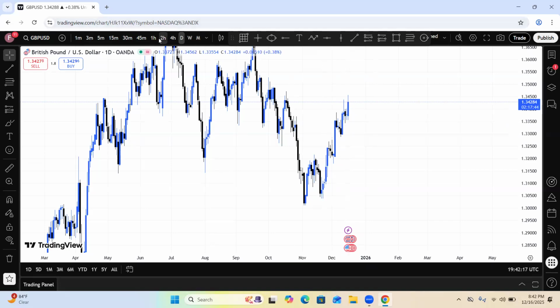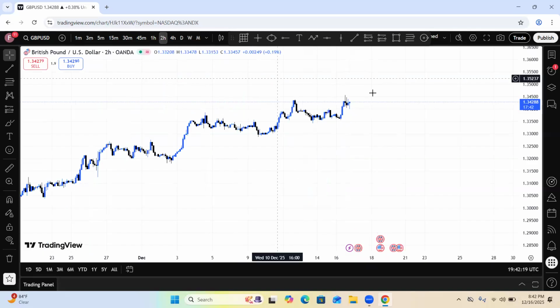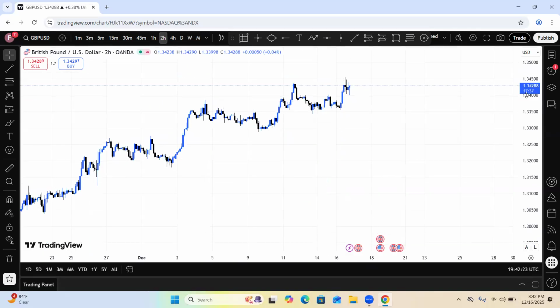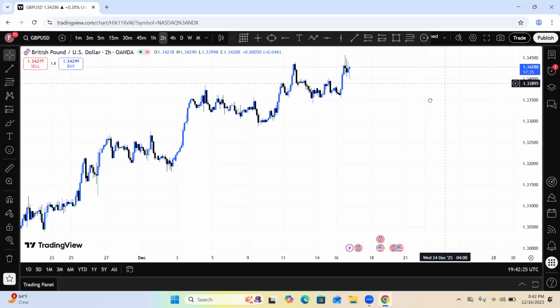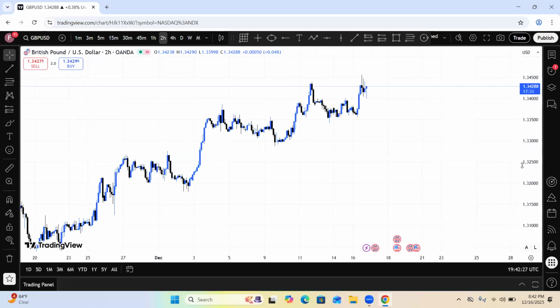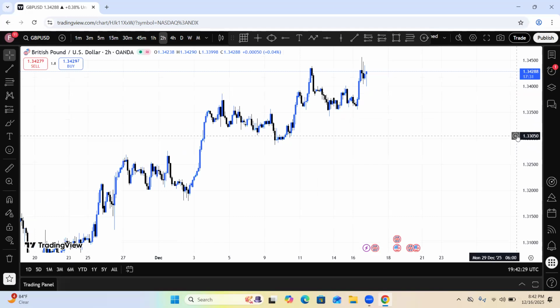If we go to the 2 hours time frame, the time frame just shows you how long the candlesticks in that chart took to form. In the 2 hours time frame, every candlestick you are seeing took 2 hours to form.